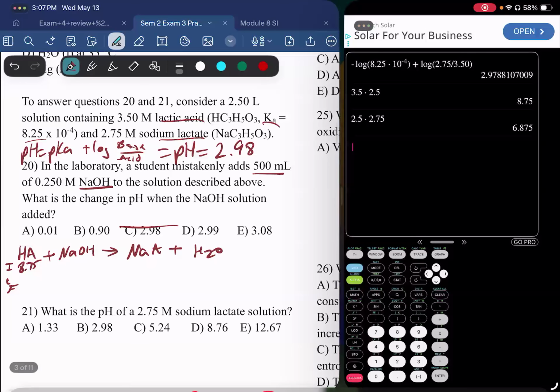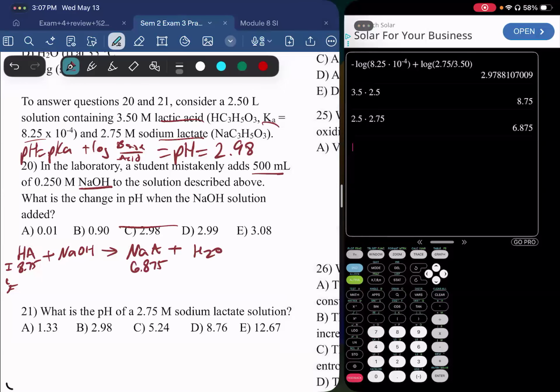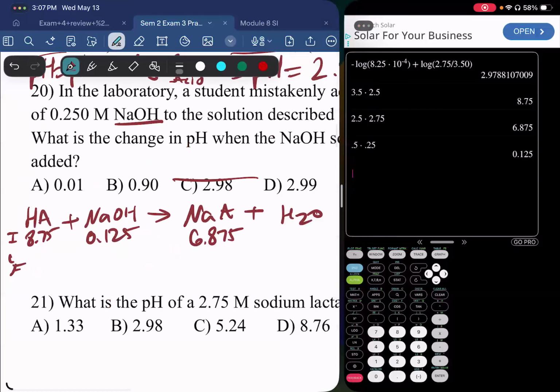So that's 6.875. And then sodium hydroxide in this case is going to be 0.5 times 0.25, and that's 0.125. As you can see, sodium hydroxide runs out, so this is going to be 0. And we need to subtract 8.75 minus 0.125, which is 8.625.